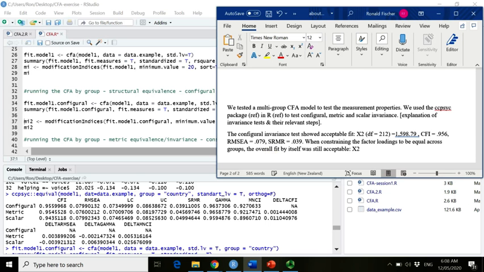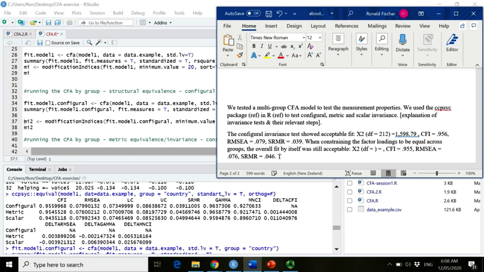So we need to get chi-square and degrees of freedom. We will need to get this in a second. CFI equals 0.955 with rounding. RMSEA equals 0.076. SRMR equals 0.045, actually with rounding 0.046, right?